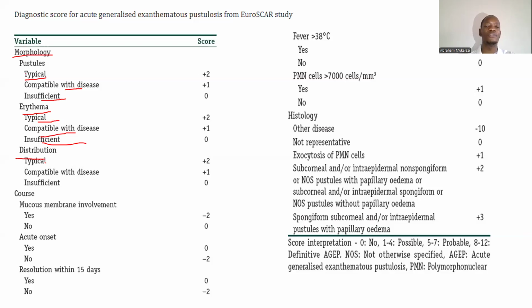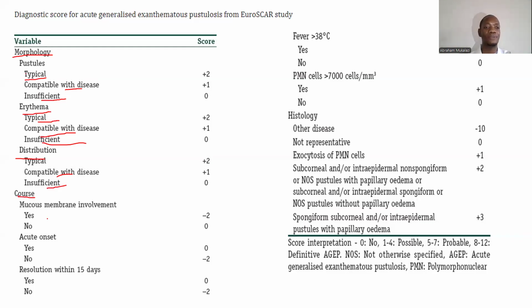Then the distribution. If the distribution is typical, AGEP loves starting from the flexures, the neck, the groin, then it can spread to the rest of the areas. If it is like that, then it is typical. If maybe the pustules are starting on the trunk, or lower limbs only, then maybe it's compatible with the disease, but sometimes it's just insufficient. It's just a localized pustular eruption.